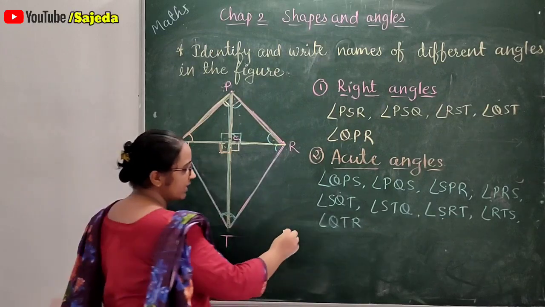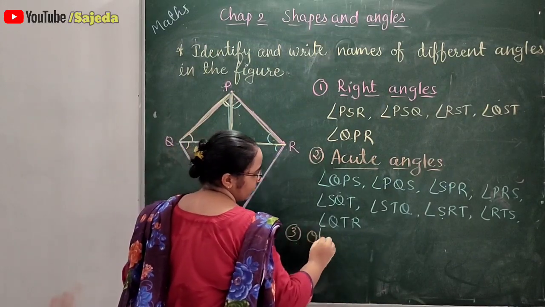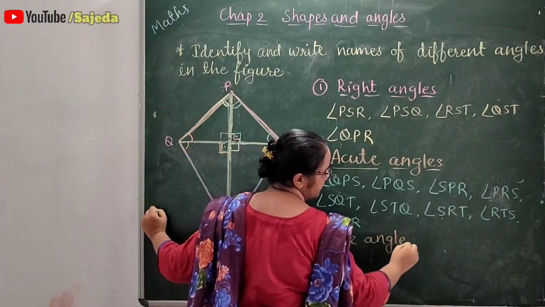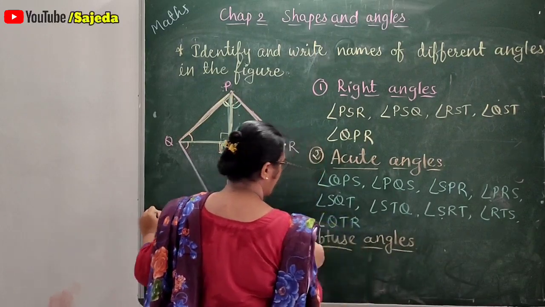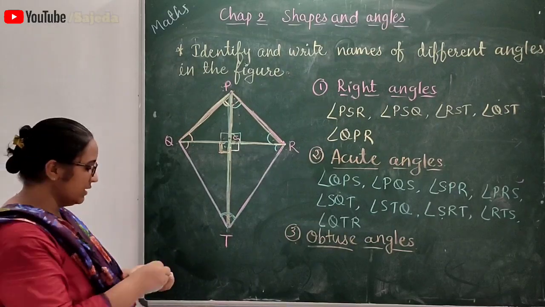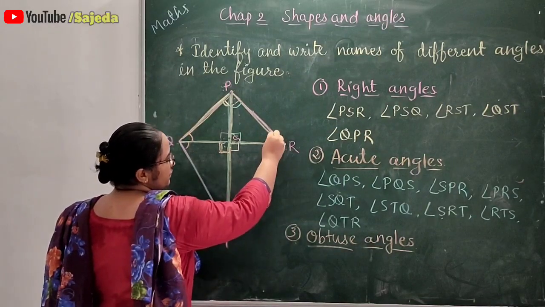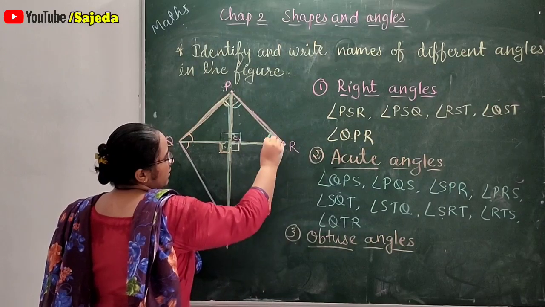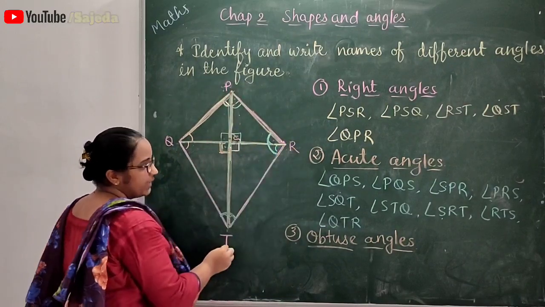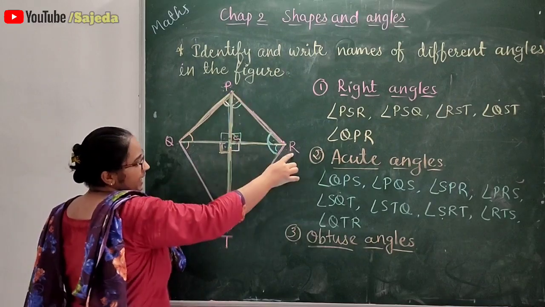Now the next one is obtuse angle. Find out how many obtuse angles there are. So now combine these two. We'll write its name PRT.